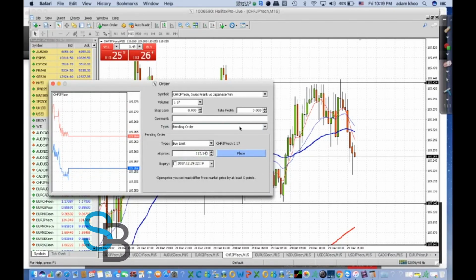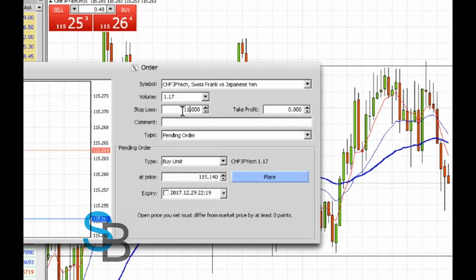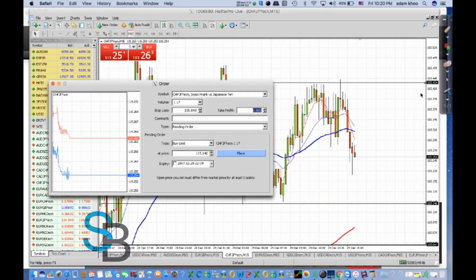115.14. Stop loss would be at 115.04, 10 pips away, and my profit target would be near the resistance. So I could put it at 115.42.